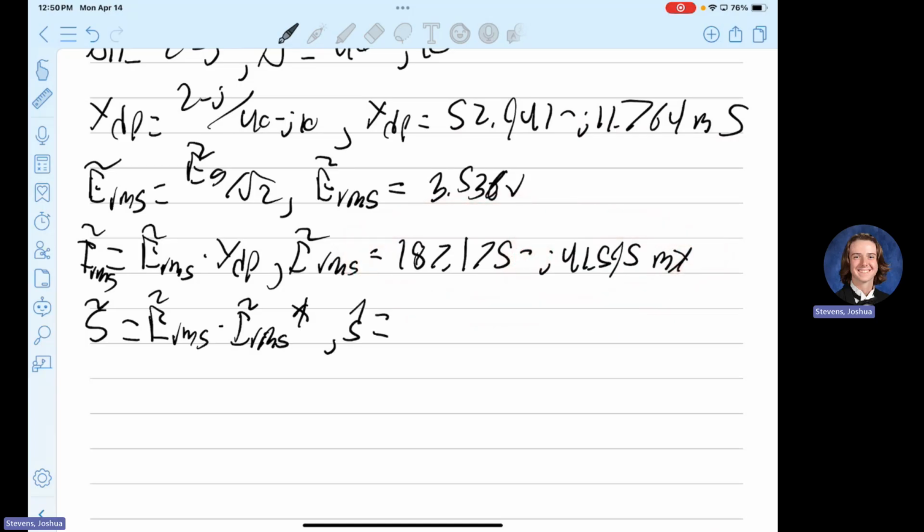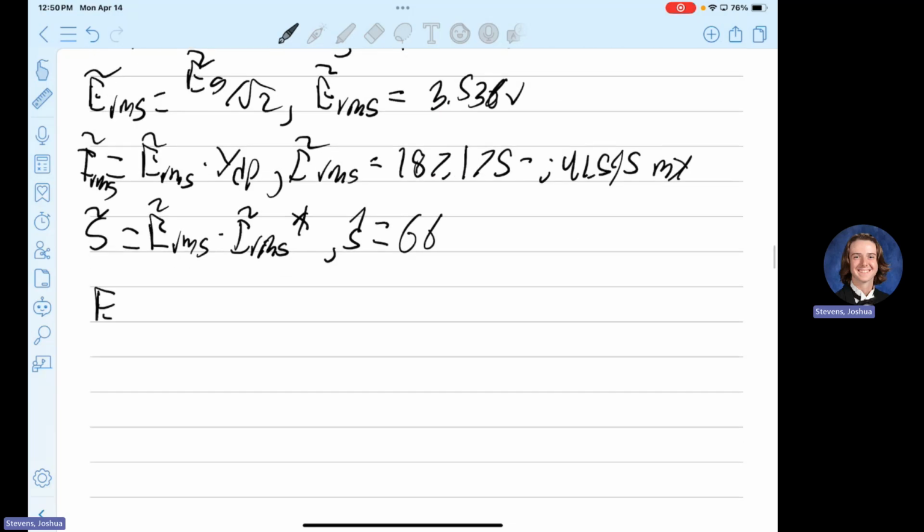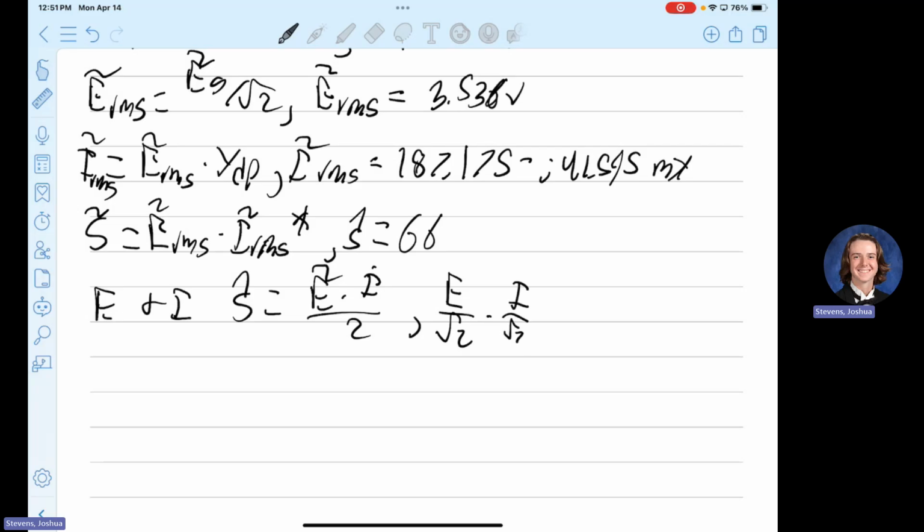Sorry, give me a sec. Say that one more time. No, because it's an RMS, we don't divide by 2. If we were to just have E and I, yes, we divide by 2, because S equals E times I over 2 is the same as doing this with the RMS values.